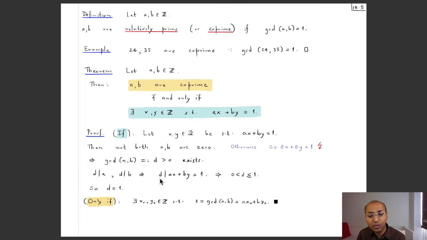Now this 1 is non-zero, and whenever an integer divides a non-zero integer, the modulus of this integer is less than or equal to the modulus of this integer. But this is positive, so what we get is d is less than or equal to 1. There is no integer which is strictly bigger than 0 and strictly less than 1, so this d has to be equal to 1. Okay, so we have got that the greatest common divisor of a and b is equal to 1.